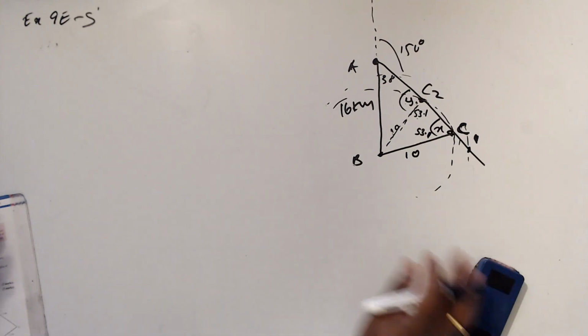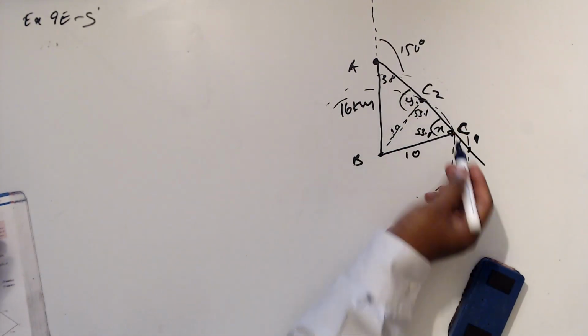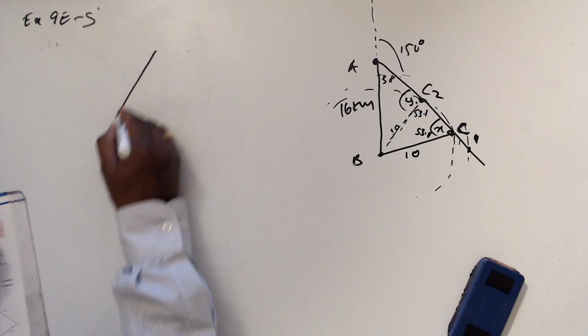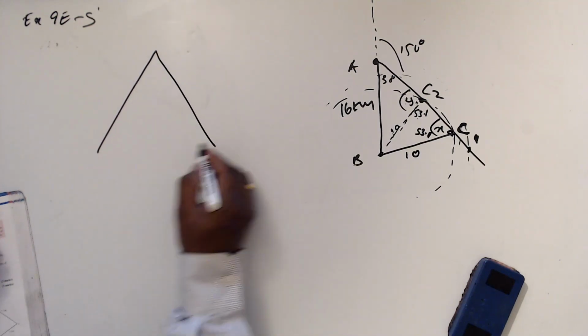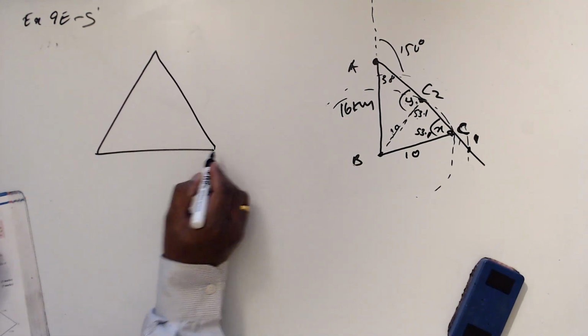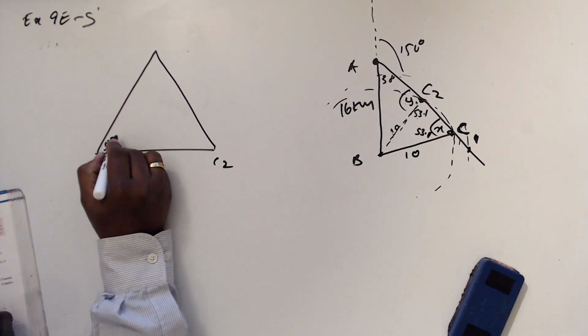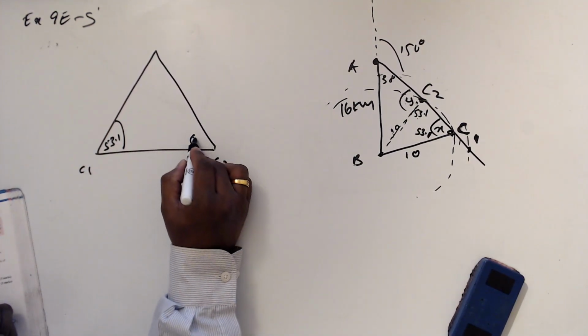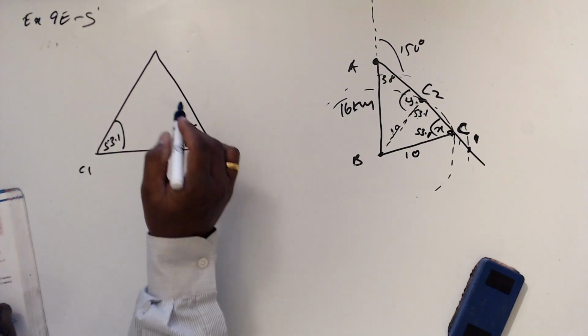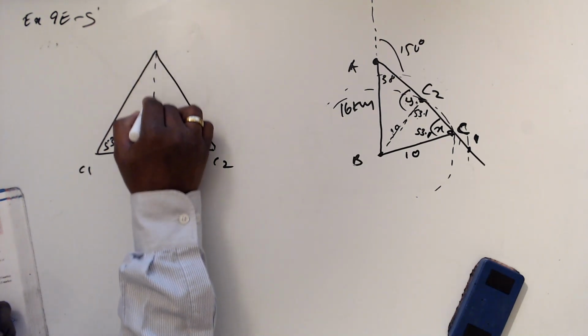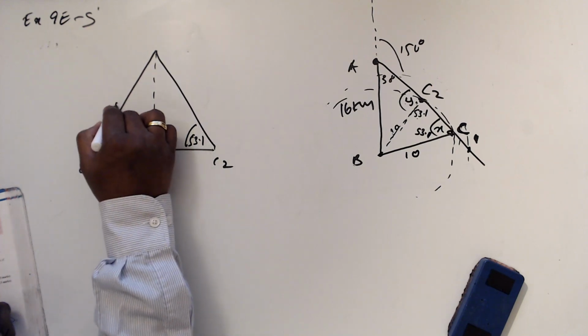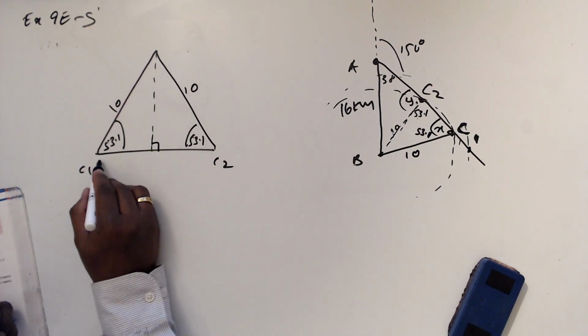Now I want to find the distance between C1 and C2. I draw like this. This is C1, this is C2, this is 53.1, and this is 53.1, and this is 90, this is 10, and 10.